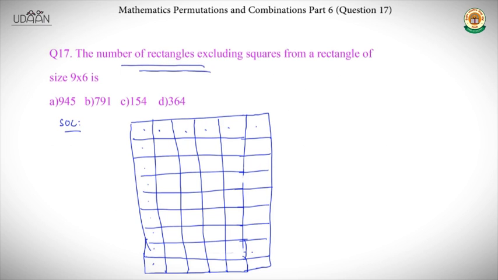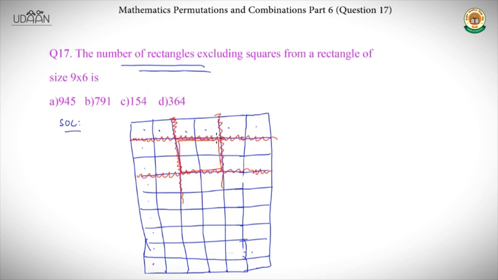A rectangle is formed when you select two lines from the row portion, let us say these two, and you select two lines from the column portion. So this leads to the formation of this rectangle, or in this case a square.